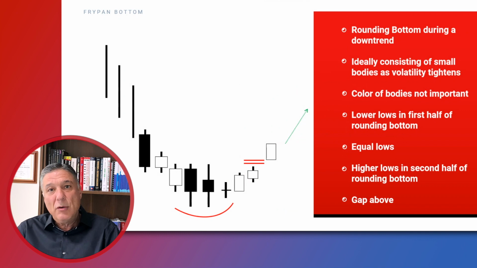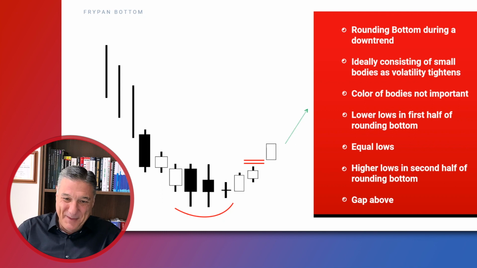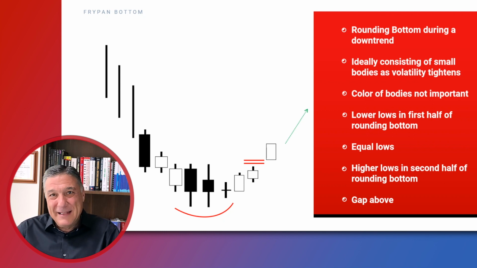And then in the second half, we can see rising lows, higher lows. And then a rising window, a gap, and a breakout above the gap, which signals the end of the decline and the beginning of a new trend in the opposite direction. Of course, this implies bullish implications.